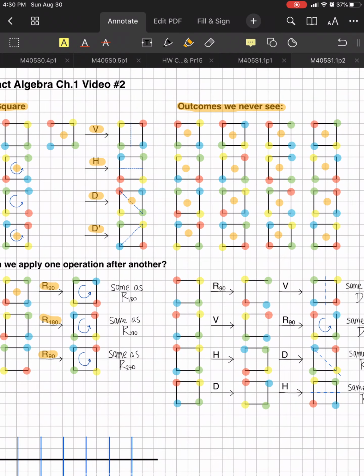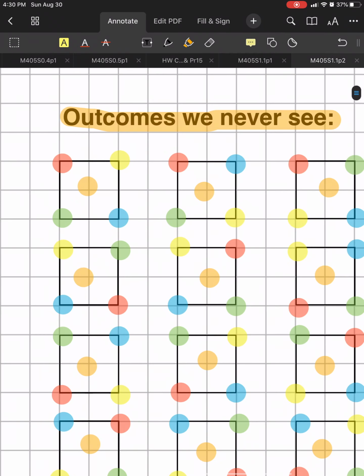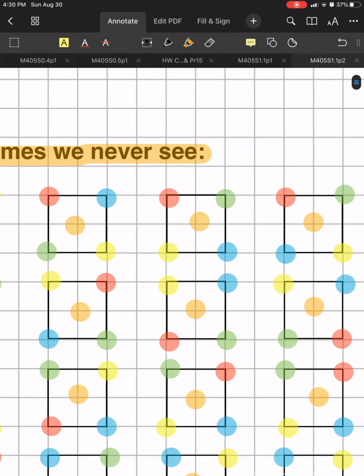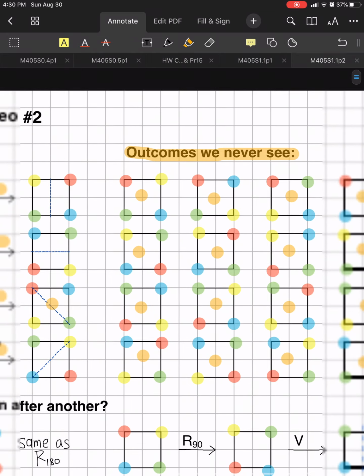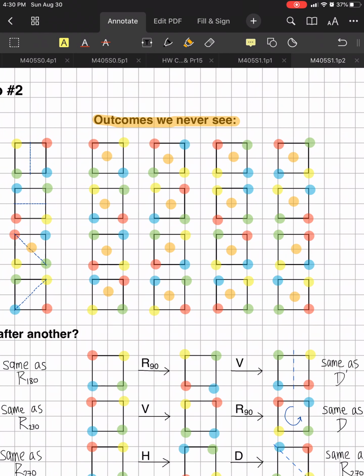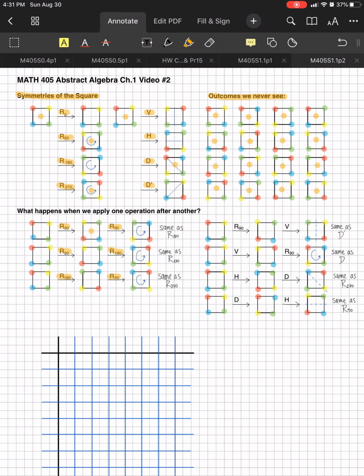There is nothing we can do to wind up with one of these over here where we have red and green adjacent to one another. You'd have to cut corners off and tape them together to get those, and that's why we never see these outcomes.